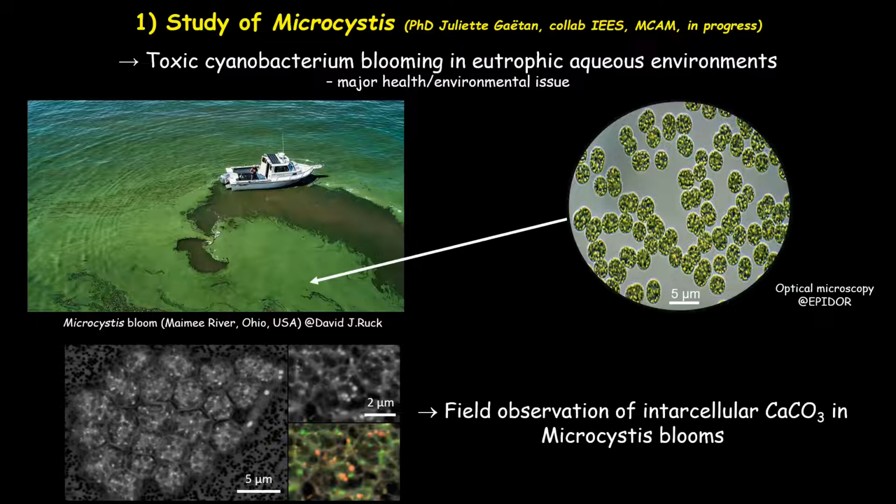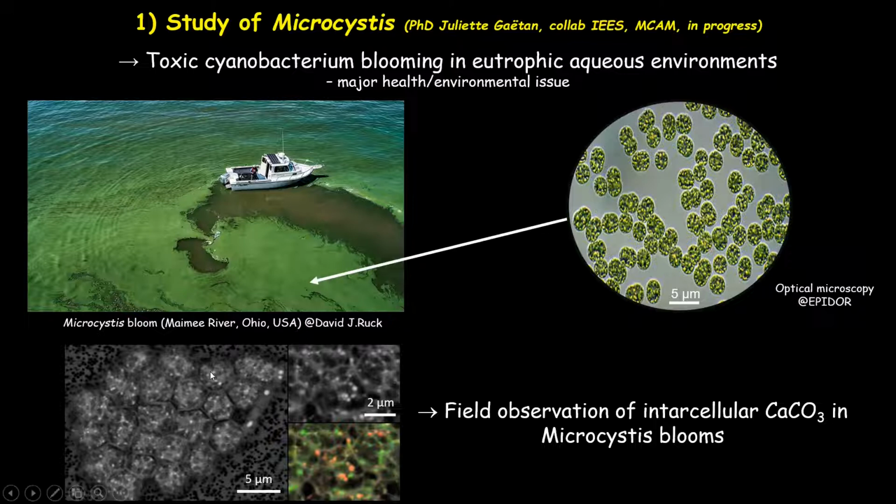So if you have higher loads of nitrates or phosphates, they tend to increase the risk for that. And this is one picture illustrating these blooms. And the problem is that some of these bacteria are producing toxins. And so when this happens, like in drinkable water reservoirs and so on, this is really a major issue.